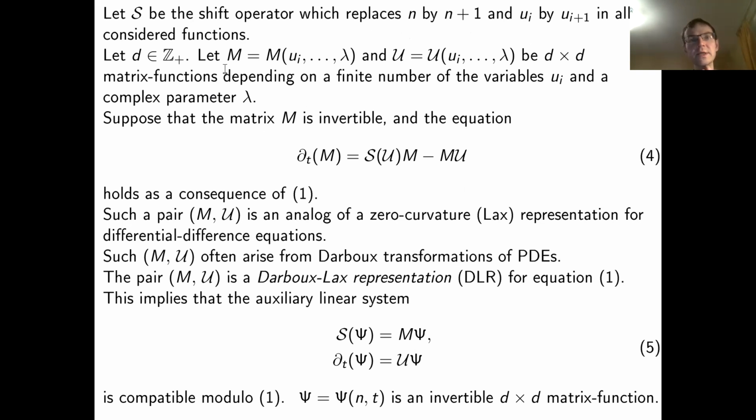Now, using this shift operator, one can define the following analog of zero curvature representations. We consider matrix functions depending on a finite number of the variables u_i and a complex parameter lambda.